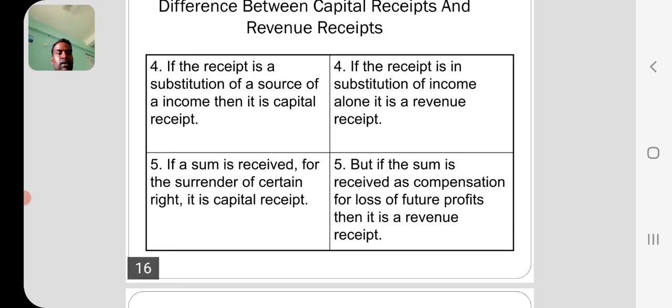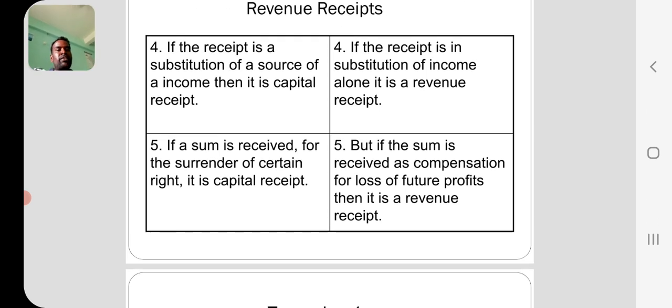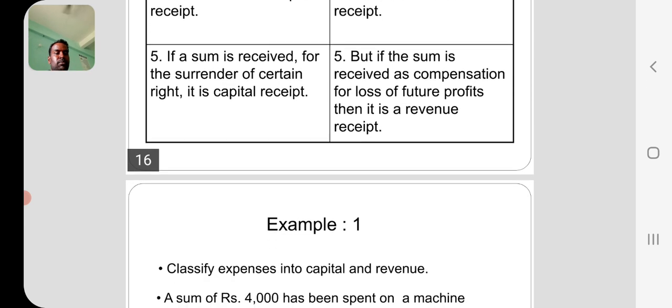If a sum is received for the surrender of certain rights, it is a capital receipt. But if the sum is received as compensation for loss of future profits, then it is a revenue receipt.